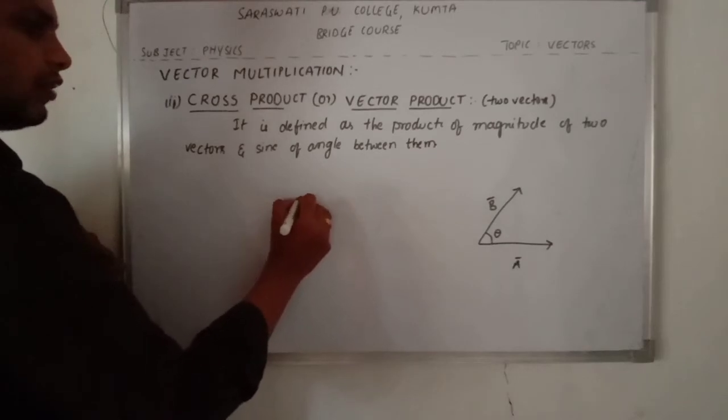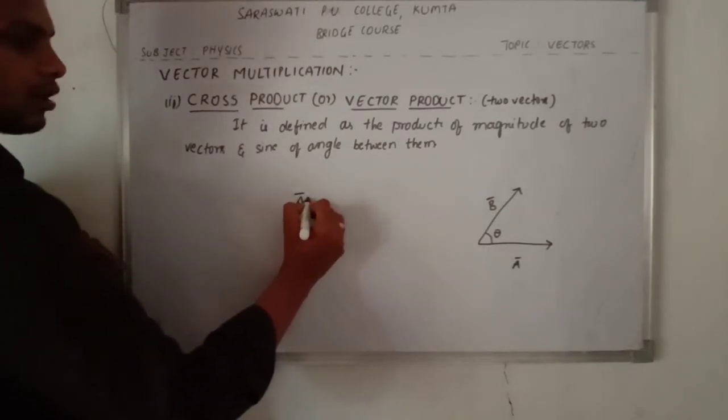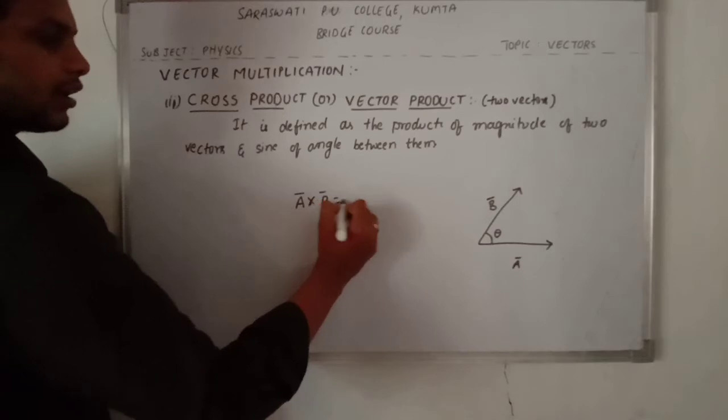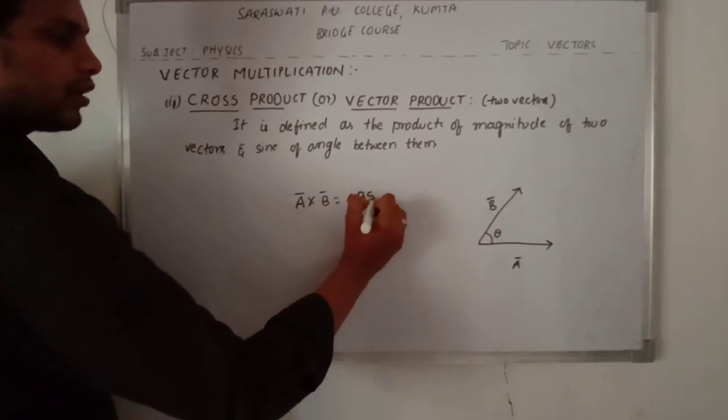So I will take the cross product like this: a bar cross b bar can be taken as ab sine theta.